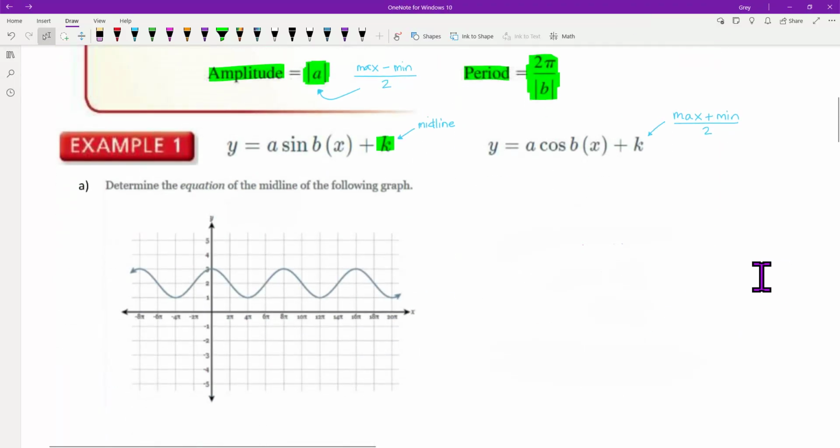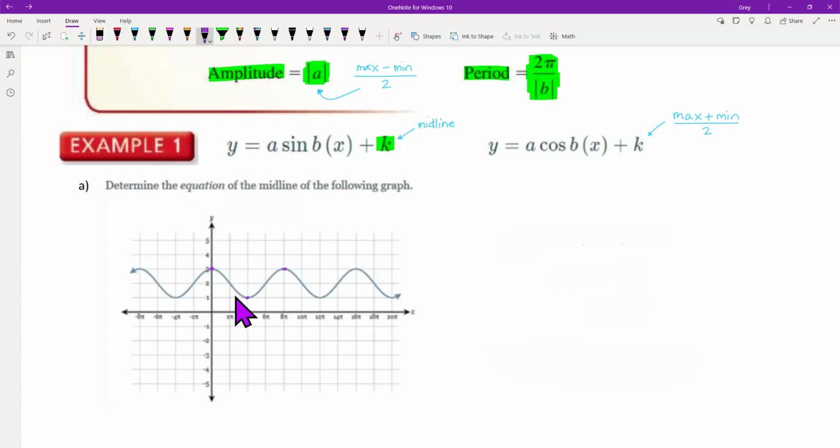So the first thing we're going to do is determine the equation of the midline, okay? And as I said, it's max plus min divided by 2 if you just want to calculate it when you have an equation. But when we're looking at this graph, we're trying to find where, here's a max right here, and here's another max, but here's a min, okay?